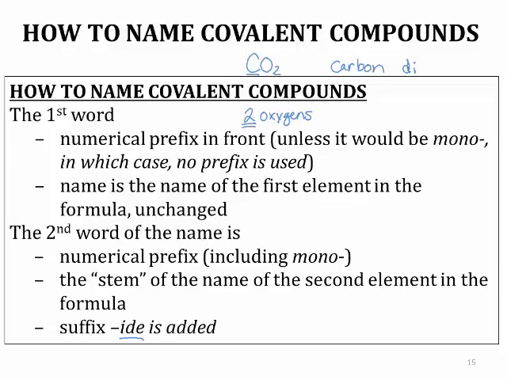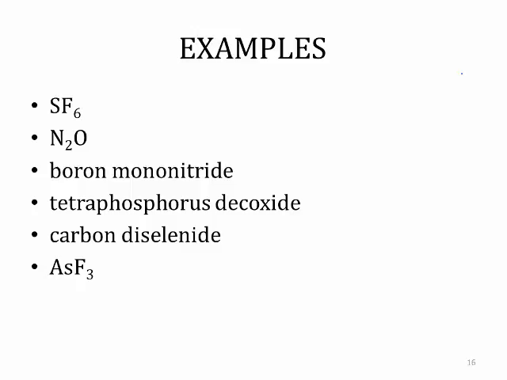The stem of oxygen is ox, so diox, and then I end it with IDE, ide. So CO2 is, as you know, carbon dioxide. We're going to use these same rules to name these other compounds. So let's look at the rest of our examples.